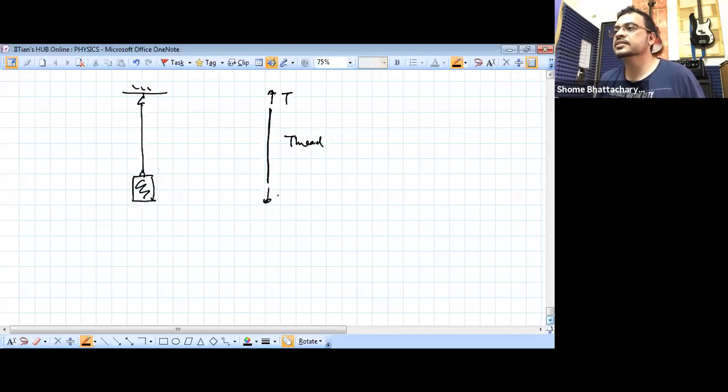And that is creating tension in the thread. That is keeping the thread stretched out.